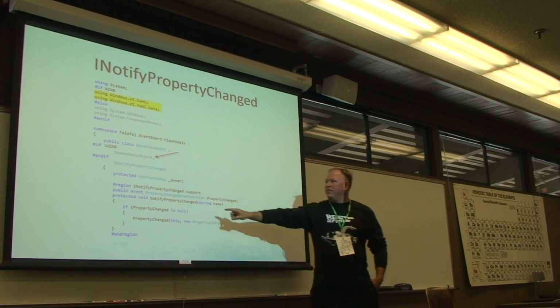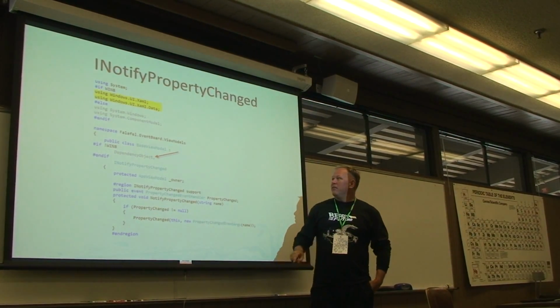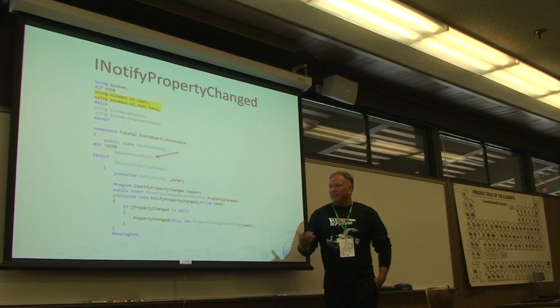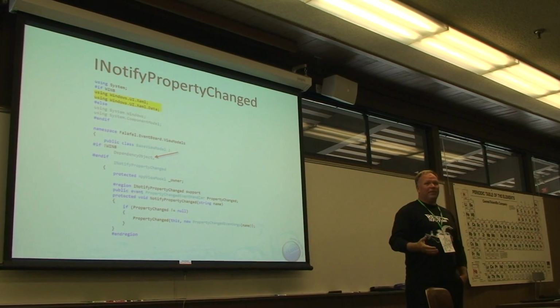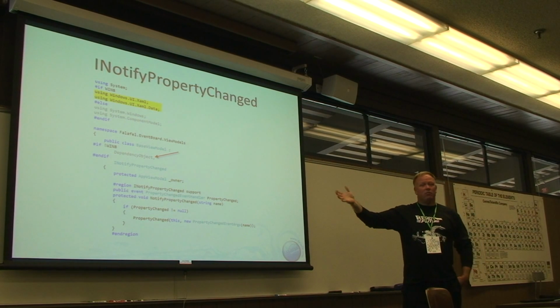But the fact is that the definition of property changed event handler and the definition of notify property changed have changed to different types in a different namespace that happen to have the same names as the old ones. So if you just change the namespace and compile, it works.